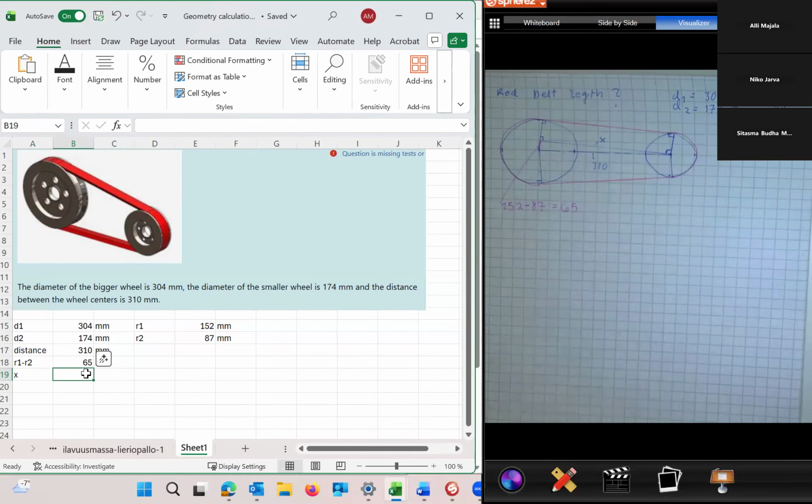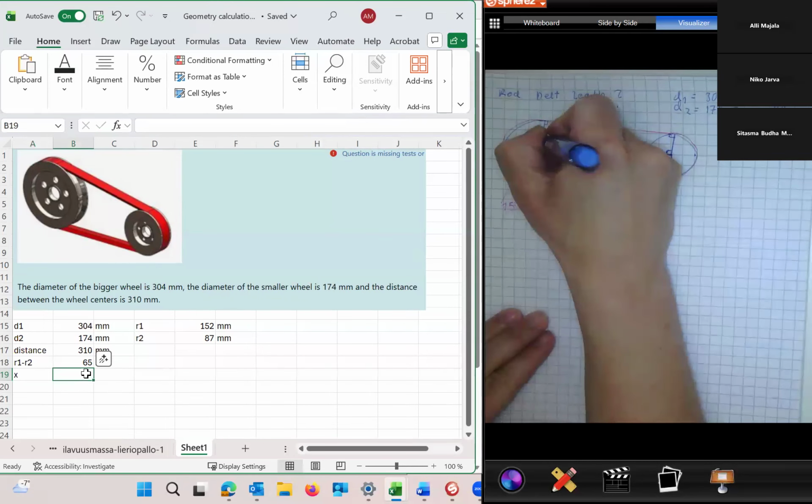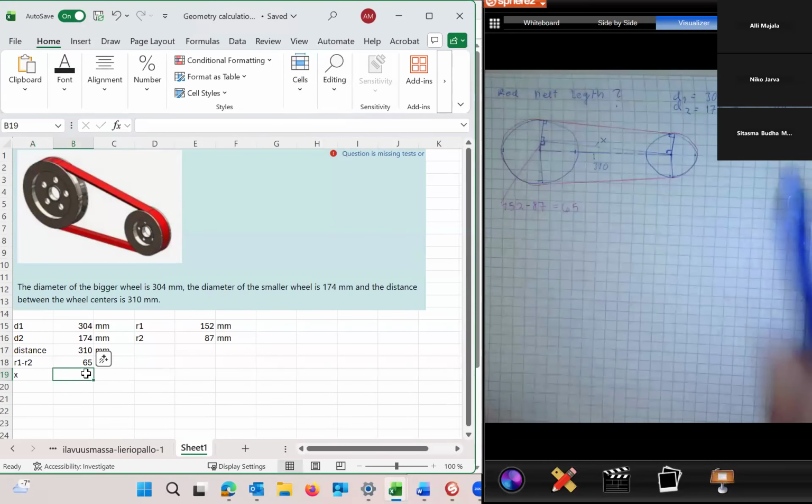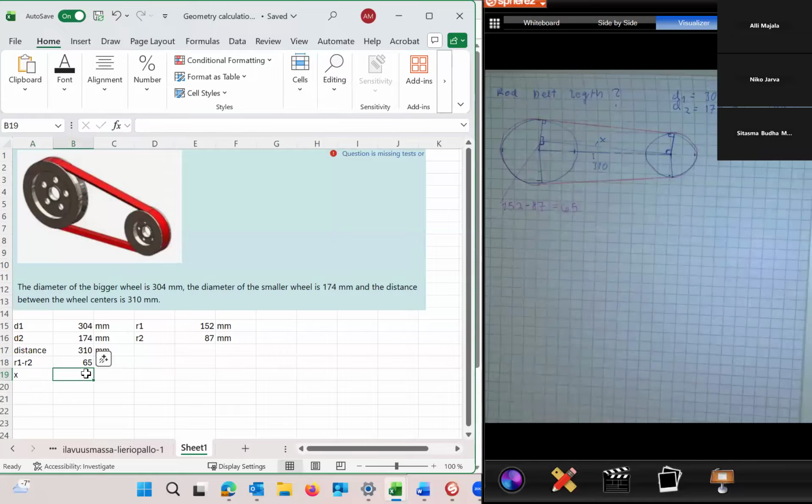So I know that here is my straight angle now. So then this X is, well, I can write it here as well first.